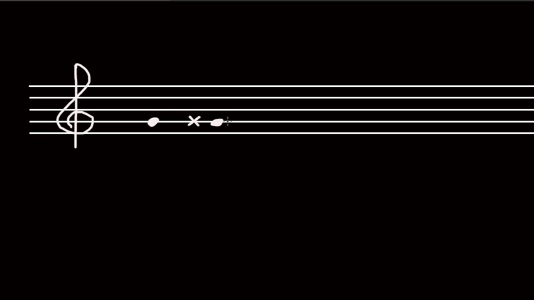And let's change to a different note. How about E? If I want to have E lowered by a whole step, I will use double flat. There's my E double flat.